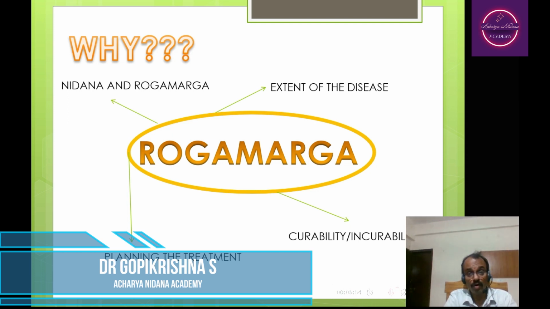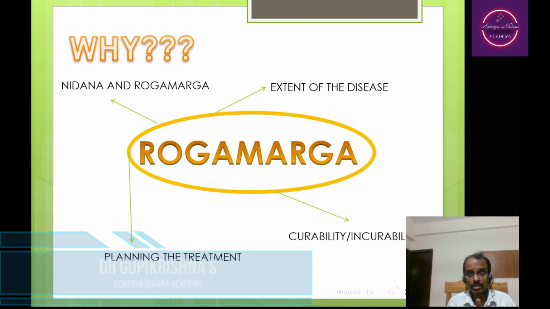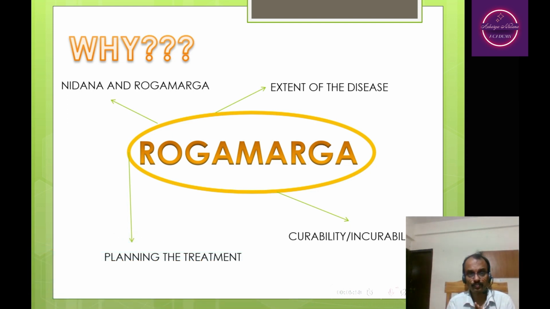Then, why is Rogamarga knowledge very important? First of all, to know about the Nidana and Rogamarga. For example, if a person is taking sour curds continuously, the disease manifestation may begin at the alimentary canal.